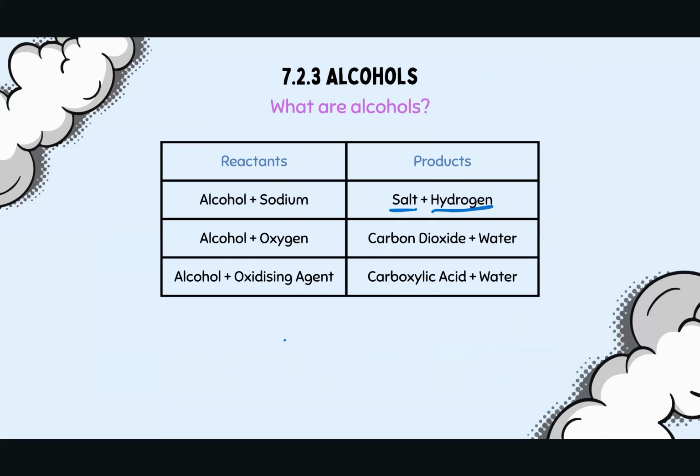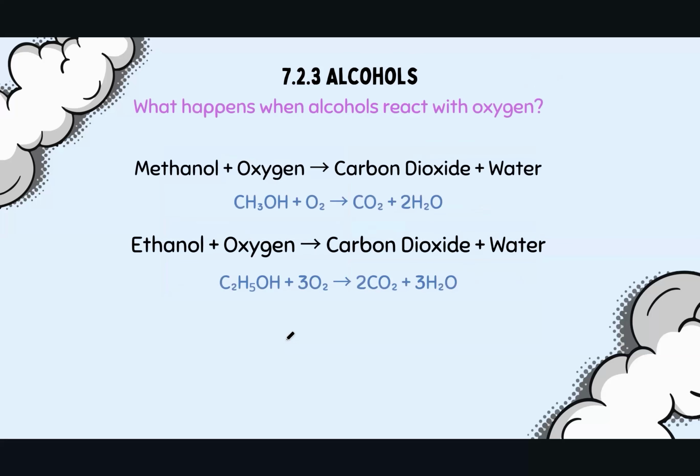Alcohol plus oxygen makes carbon dioxide plus water, because alcohol is made up of carbon, hydrogen, and oxygen. An alcohol with an oxidizing agent, meaning you're just adding oxygen to it without burning it, makes carboxylic acid and water. So let's have a look at some examples.